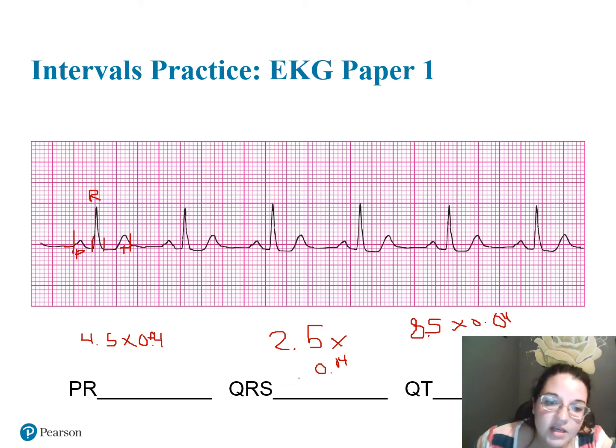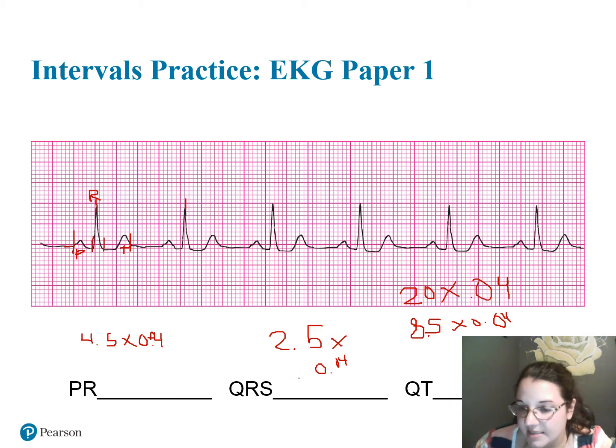Okay? And then your R to R interval is right before that dark line and right after it. So I'm going to count. I'm going to say that's 4 boxes, 9, 13, 14, 15, 16, 17, 18, that's 20 boxes. So then you would also do 20 times 0.04. And remember, your QT needs to be less than half of your R to R interval.